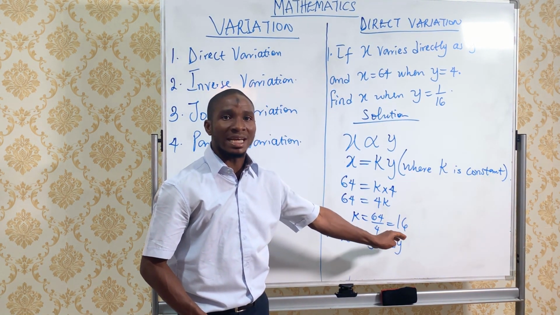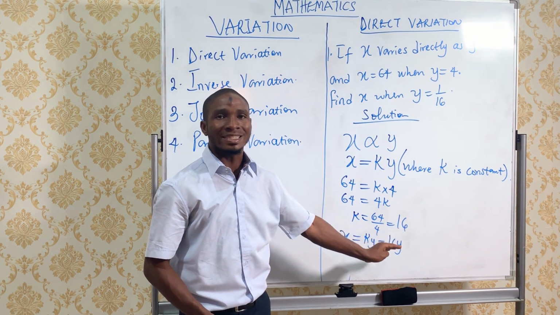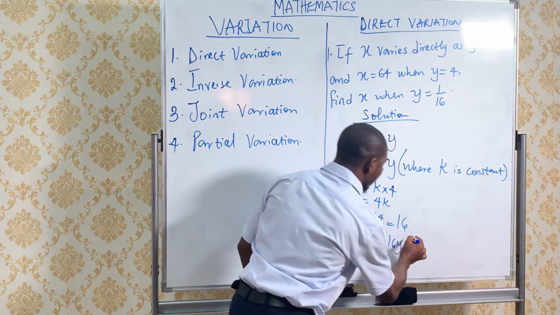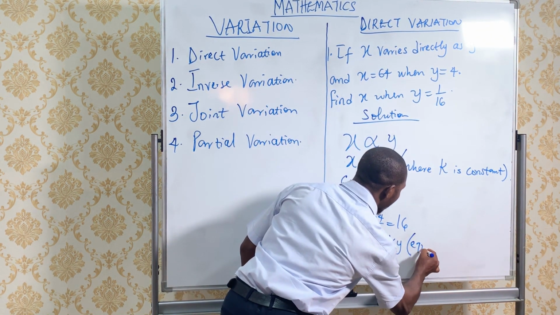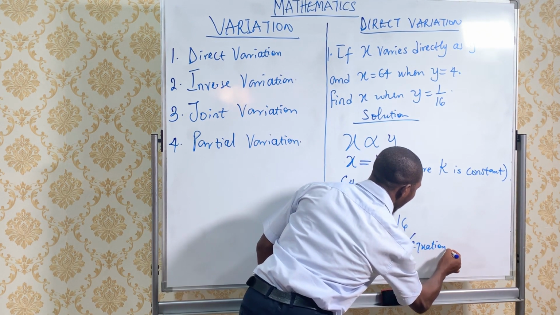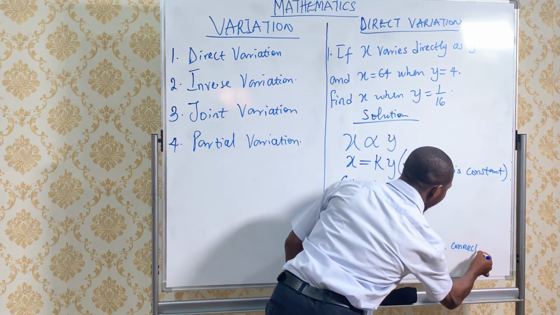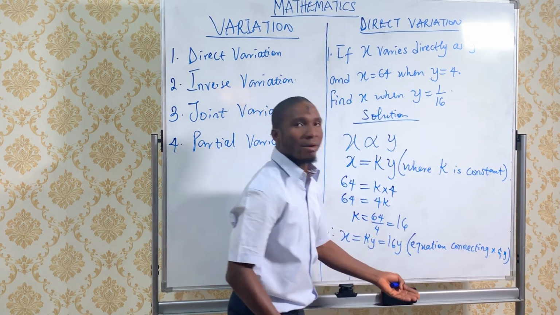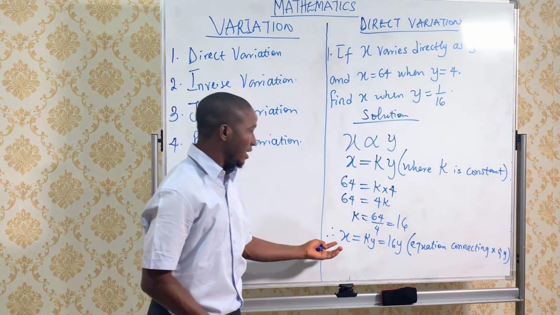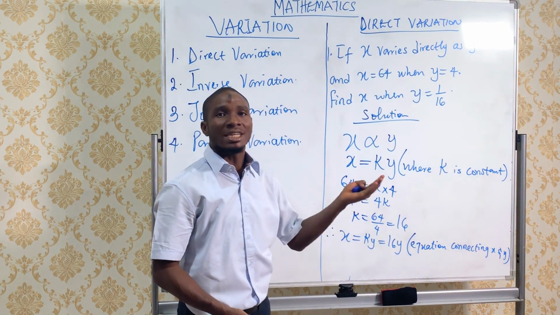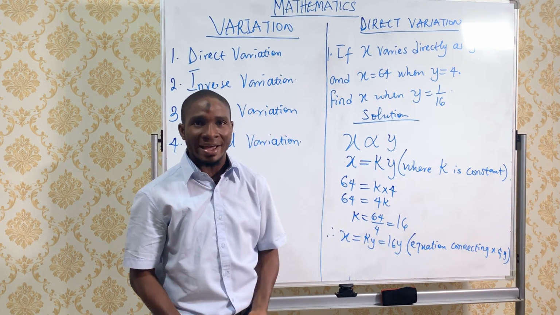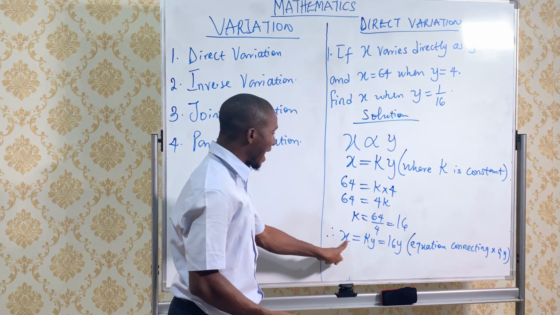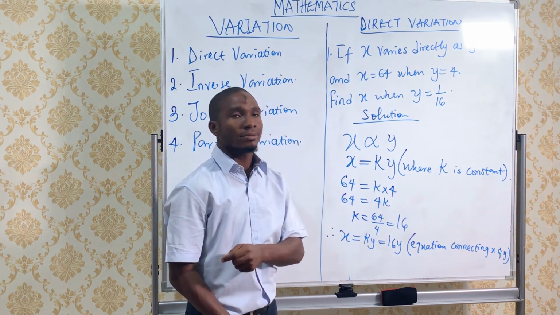This is the equation connecting x and y. Or rather, we can also say that this is the equation that shows the relationship between x and y. That is, x is equal to 16y.